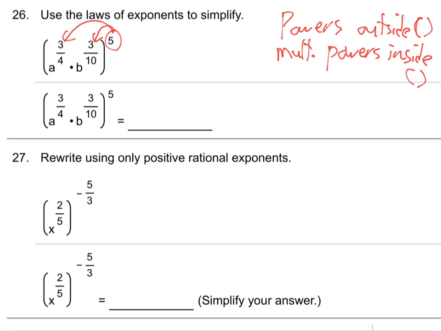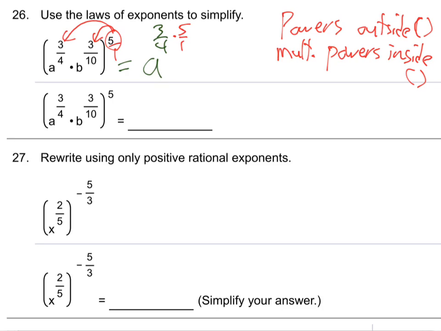And that 5, what do we do when a whole number like 5 is interacting with fractions? How do you make that 5 look like a fraction? 5 over 1, huh? Just make it 5 over 1 as it interacts with those. So that'll become a to the 3/4 times 5 over 1.